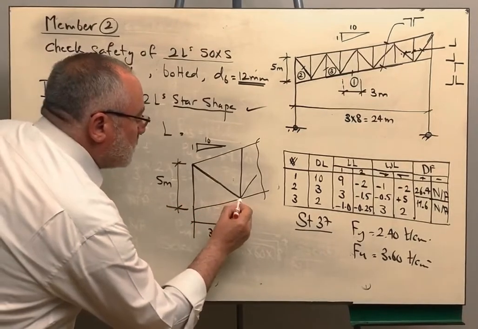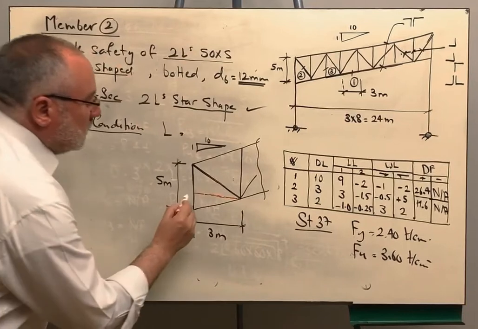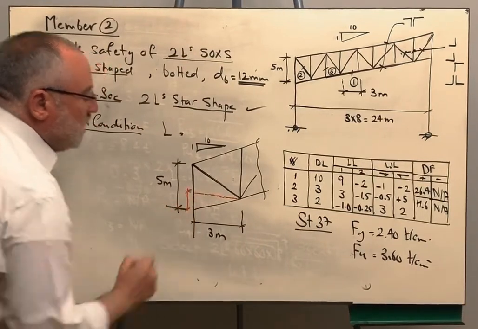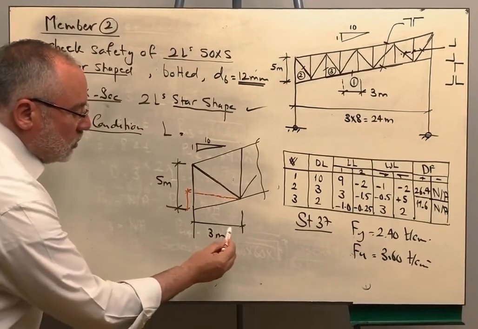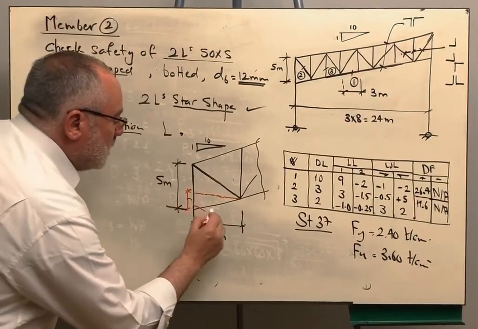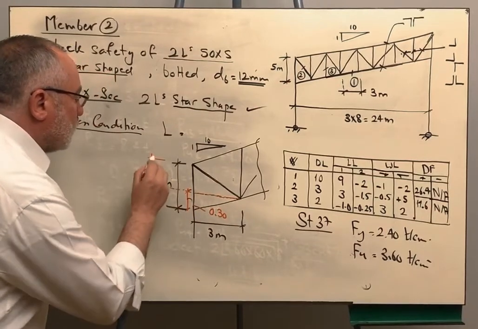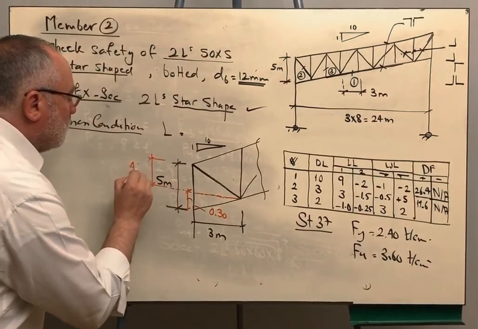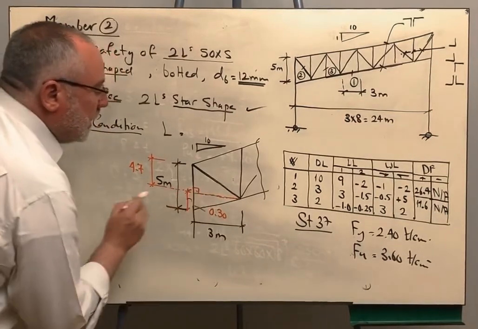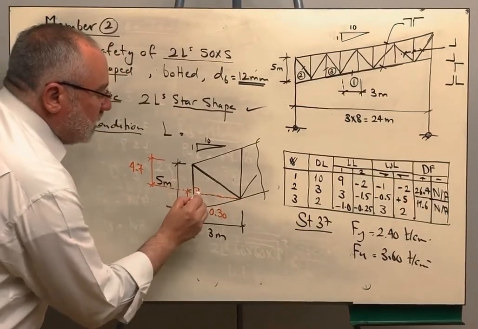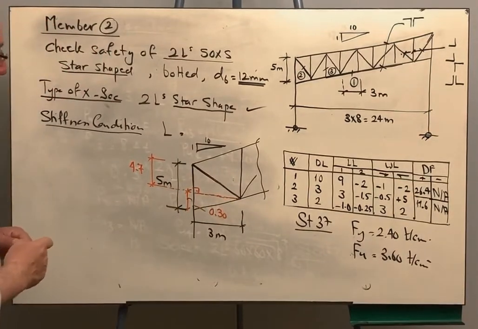It means that if we had a horizontal line like this, then this distance will have to be how much? It will have to be 1/10 of the horizontal distance. The horizontal distance here is 3, therefore this value is 0.3. So there remains for us from the 5, 4.7. So if you look at this right angle triangle, you know 4.7 and 3, you can get the length of the hypotenuse by Pythagoras.